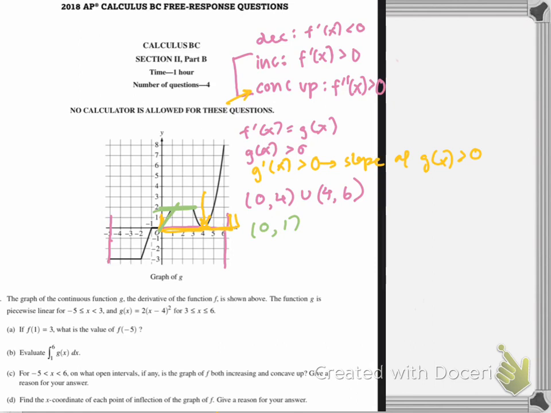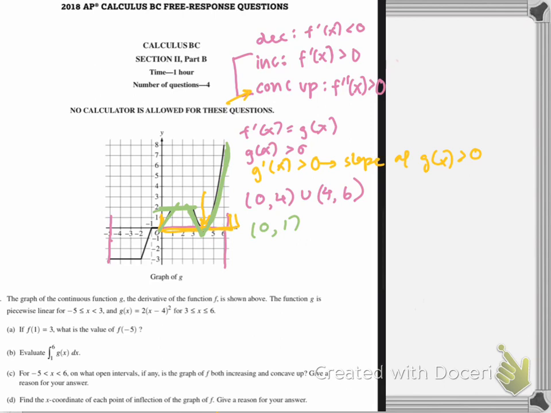That's not positive. Then it's a line with a negative slope. That's not positive. And then we have a positive slope up here where it's increasing. So over here, g of x is increasing, which means g prime of x has got a positive value.